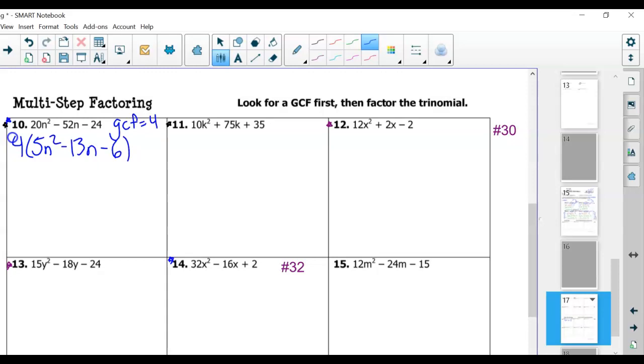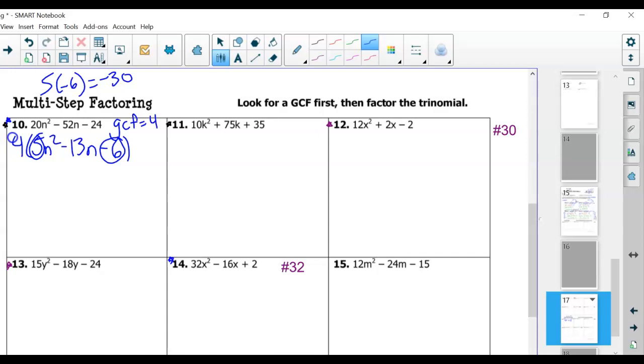So then I can start my process. Look for 5 times negative 6, which is negative 30. So two factors that multiply to be negative 30, but add or subtract to be negative 13. As you start thinking of factors, you may automatically think 10 and 3. If I add 10 and 3, I get positive 13.